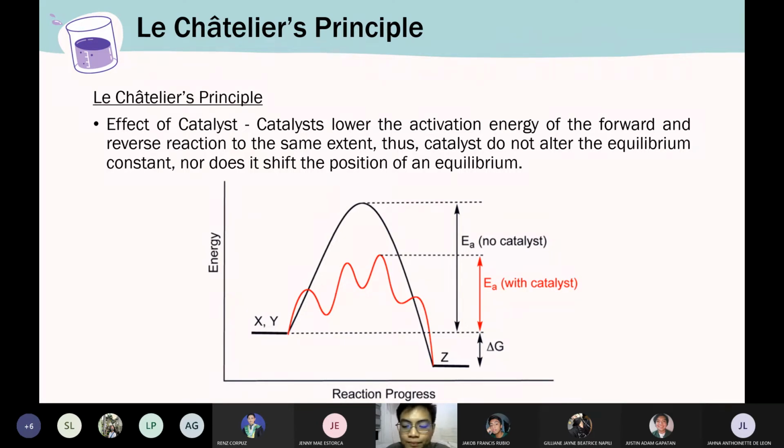Parehas sila bibilis. So, kumbaga, the net effect cancels out lang. Either forward or reverse reaction yan, parehas lang sila ng speed up. So, meaning adding catalyst will not really adjust your equilibrium. So, no effect yan pag catalyst.